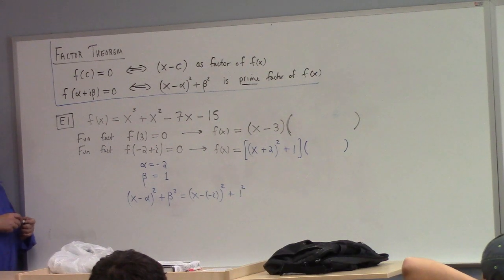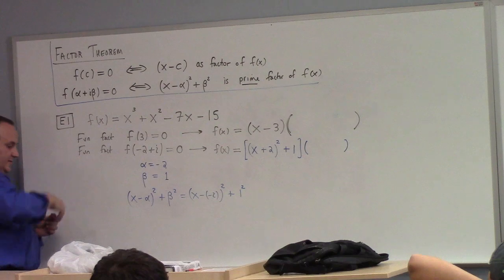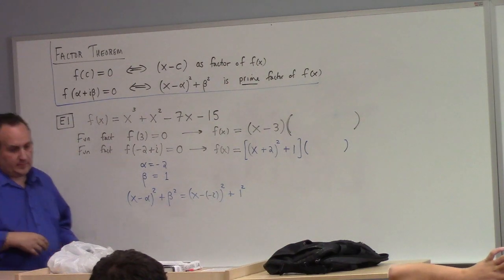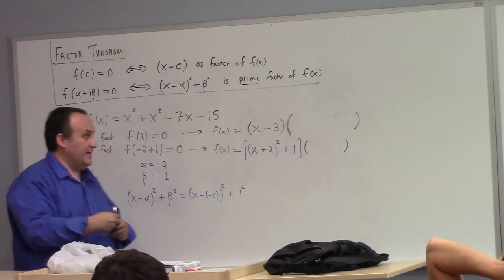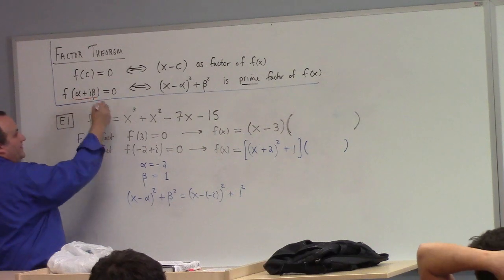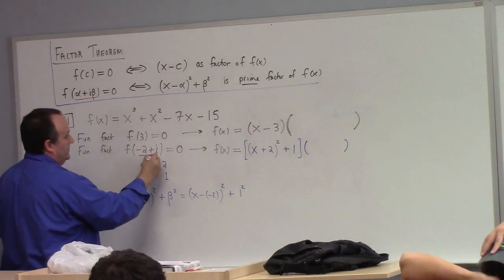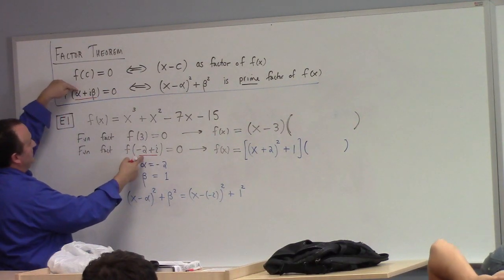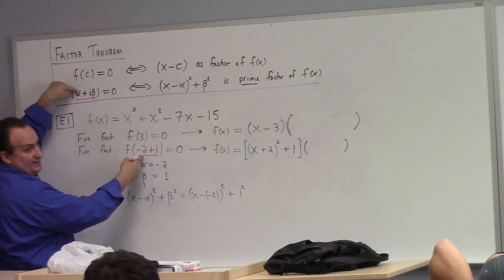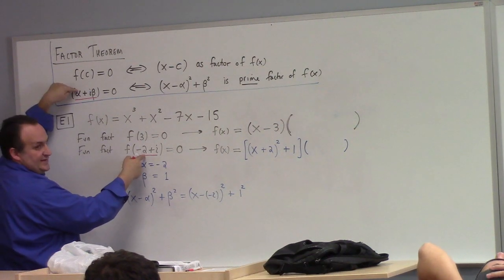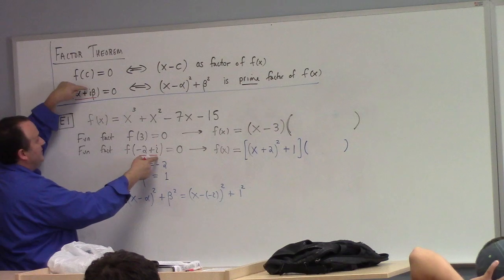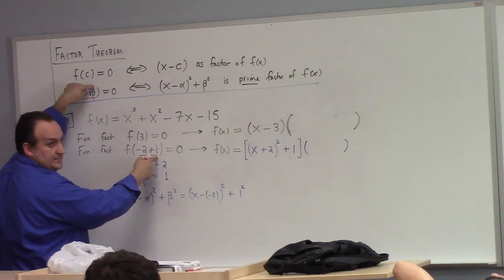I'm looking at the pattern, comparing that and that. You see that the alpha is minus 2. The coefficient of i, if you use your imagination, is i times 1, right? So the beta is equal to 1.